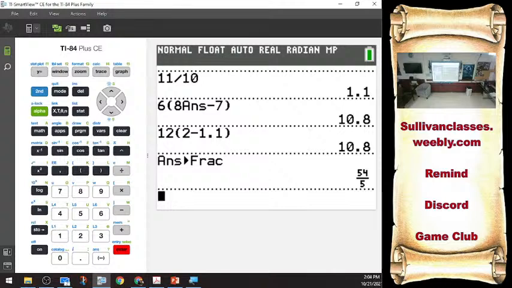On some of the older scientifics, they might have like a DC button. I don't have to play with yours. I'm not sure where that is. I'm actually not sure where it is on that one. A little bit old school. You know where yours is?